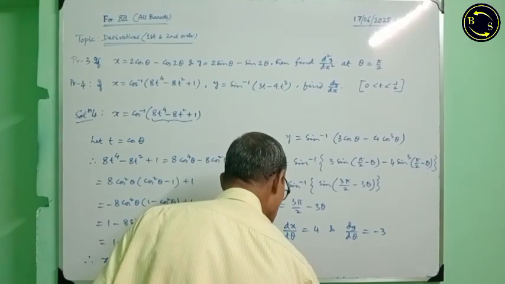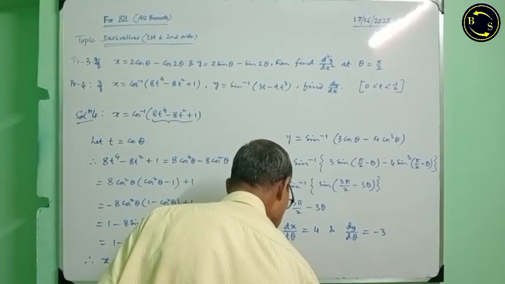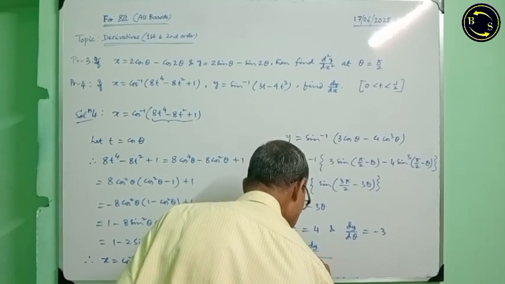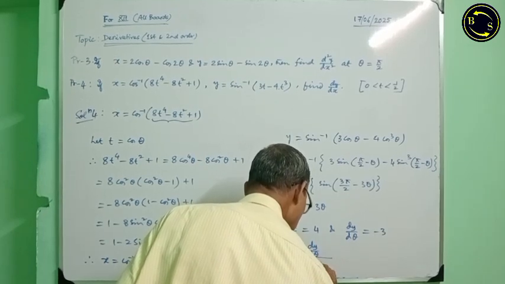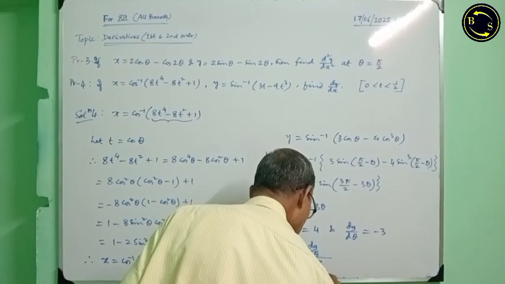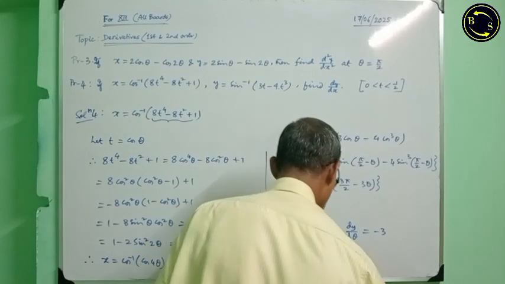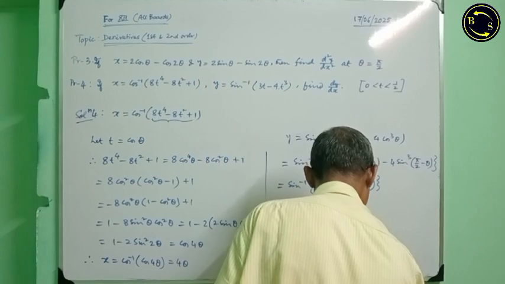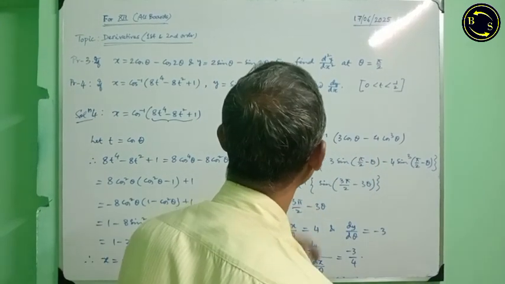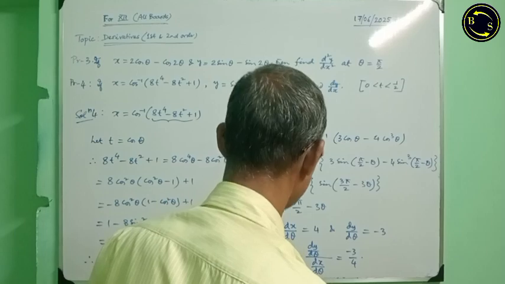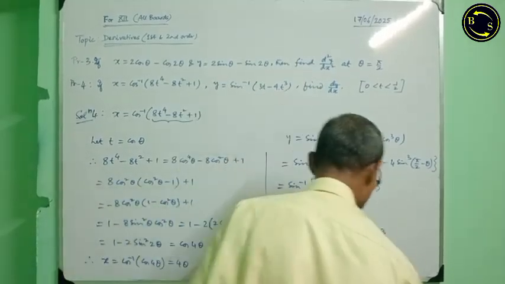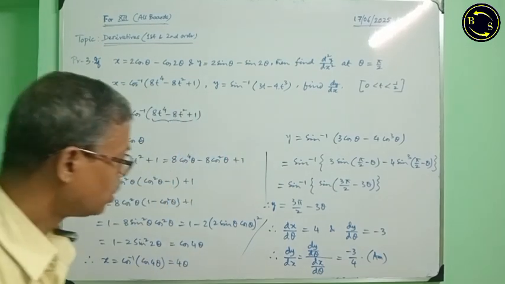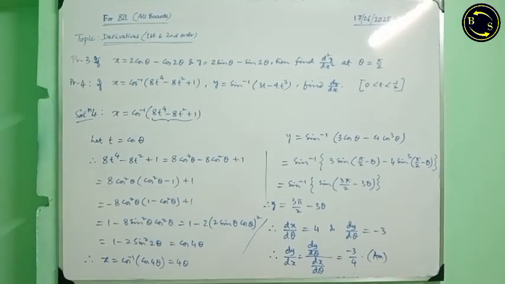Therefore, dy by dx, I apply formula dy by d theta divided by dx by d theta, putting the values, minus 3 by 4. This is the answer. Dy by dx is equal to minus 3 by 4.